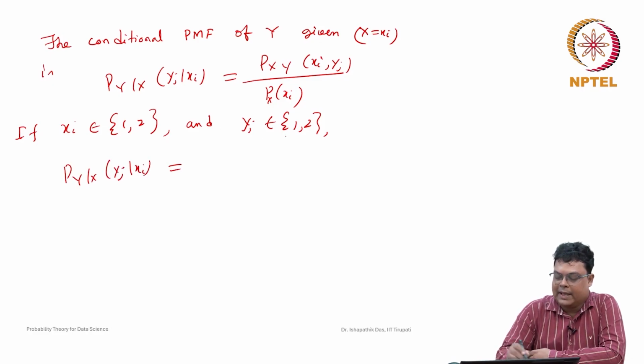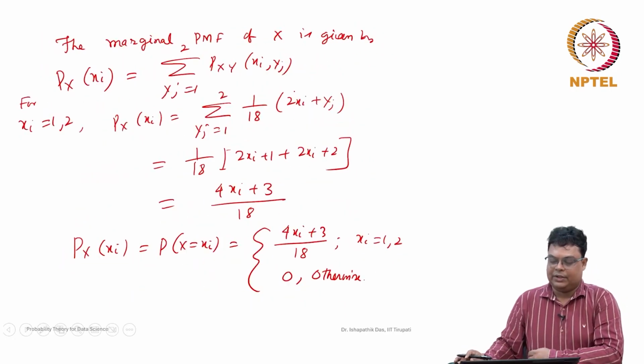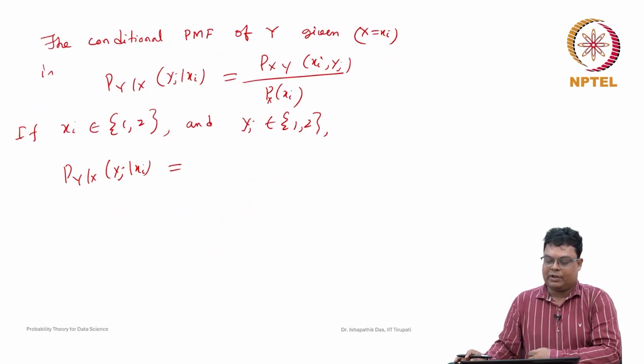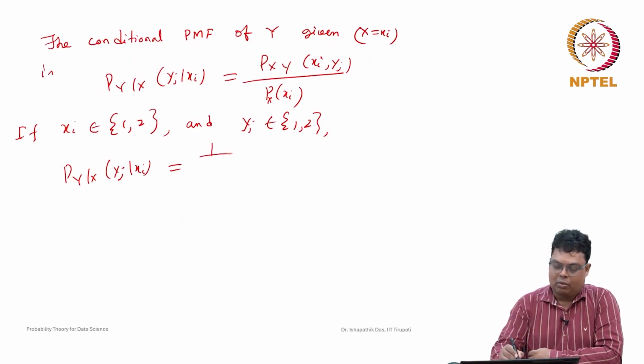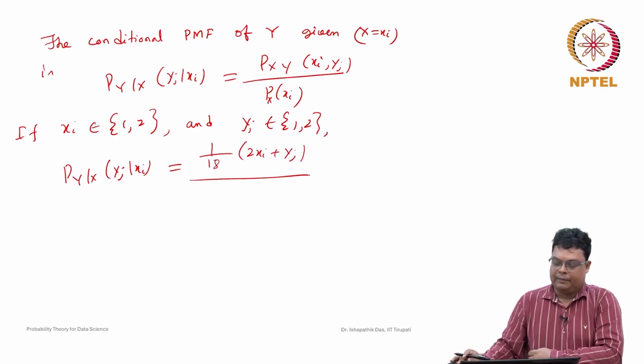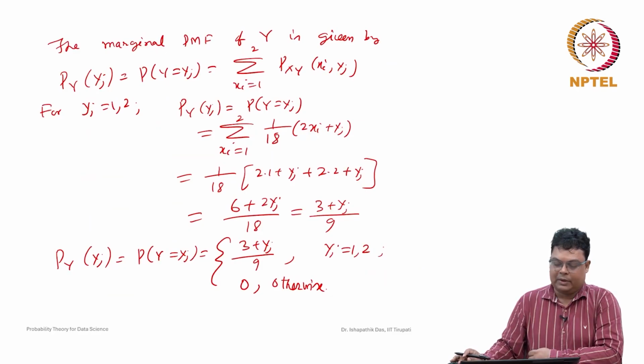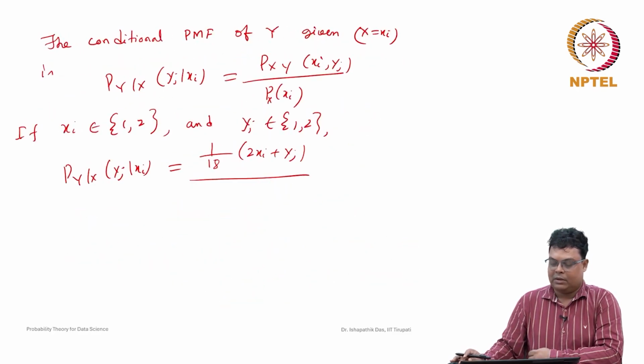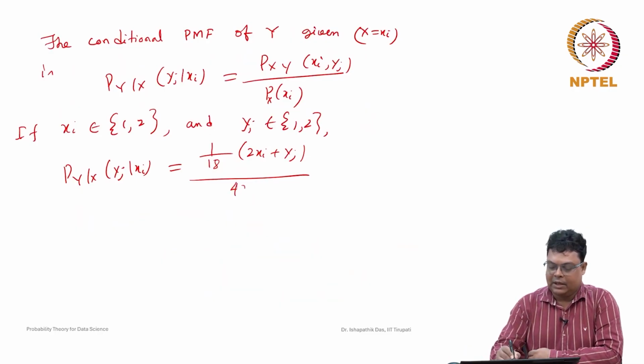If it is inside this range, then only this joint probability mass function is non-zero, otherwise it is 0. This joint probability mass function is 1 by 18 times (2xi plus yj). So this is 1 by 18 (2xi plus yj) divided by p_X(xi). p_X(xi) we computed somewhere here: (4xi plus 3) by 18.